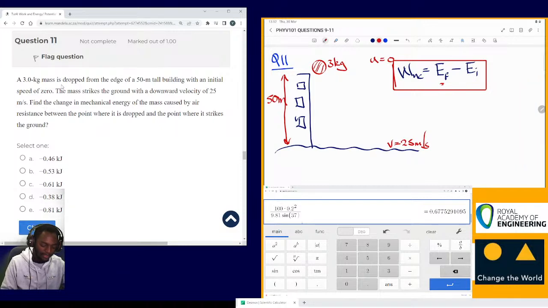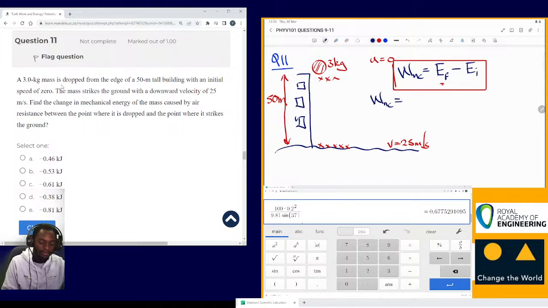Our final mechanical energy, we are at this point, right? And our initial, we are at this point. So we are going to find the change. So I'm going to put this W and close this equals to.